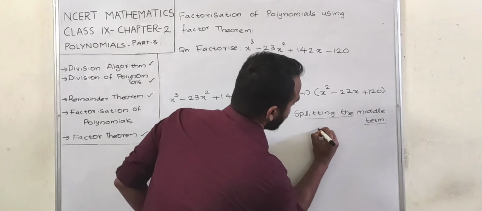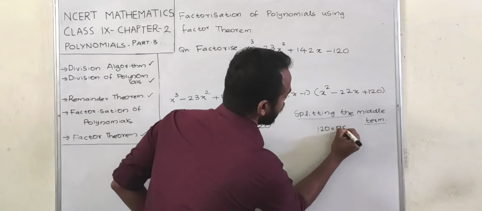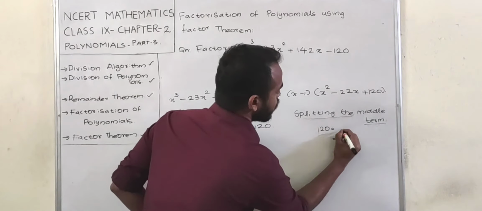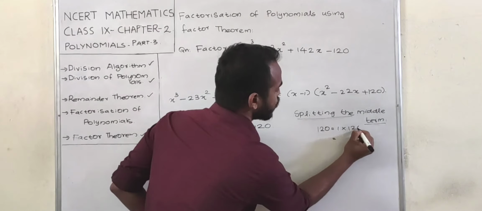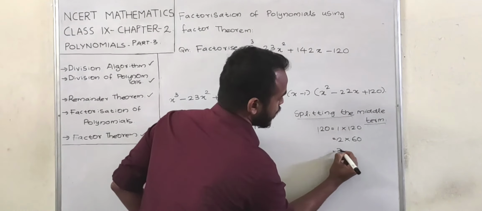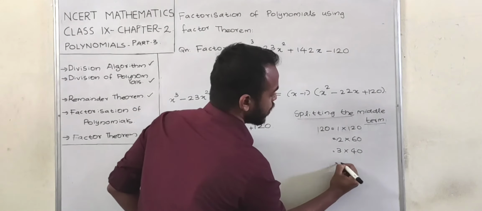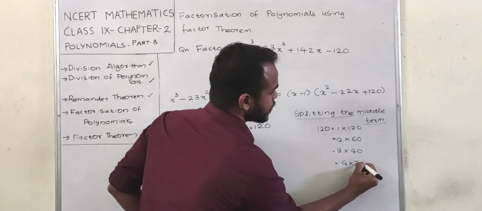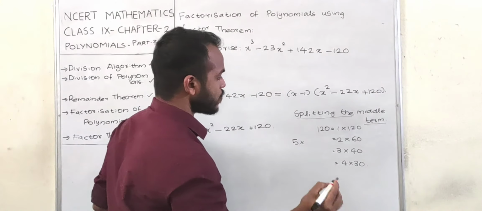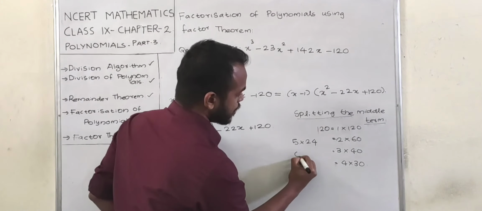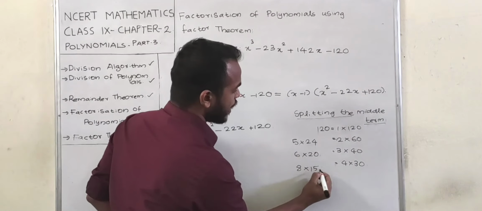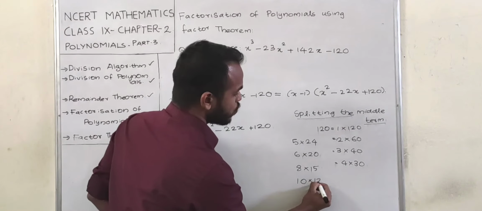For example, 120 can be written as 120 into 1, or you can use the other way, 1 into 120, or 2 into 60. And then what's the next way? 3 into 40, 4 into 30, then 5 into 24, 6 into 20, then 8 into 15, then 10 into 12.